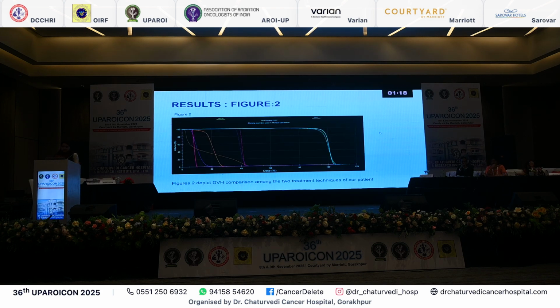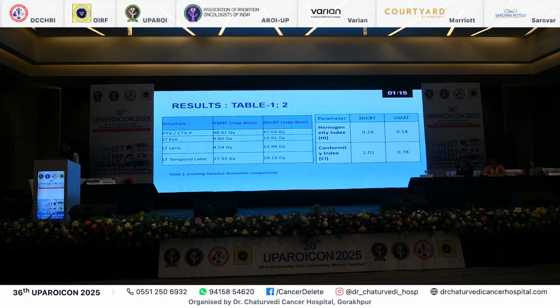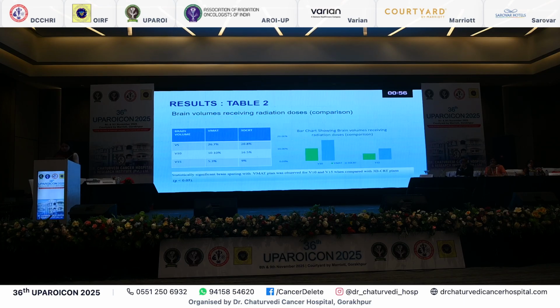While comparing the DVH as well as the planning target volume and the homogeneity index as well as the conformity index, it shows VMAT is preferred. VMAT shows a conformity index of 0.78 as compared to 3D CRT 1.01, and VMAT shows a homogeneity index of 0.18 compared to 3D CRT 0.24, and also OAR sparing is good in VMAT.